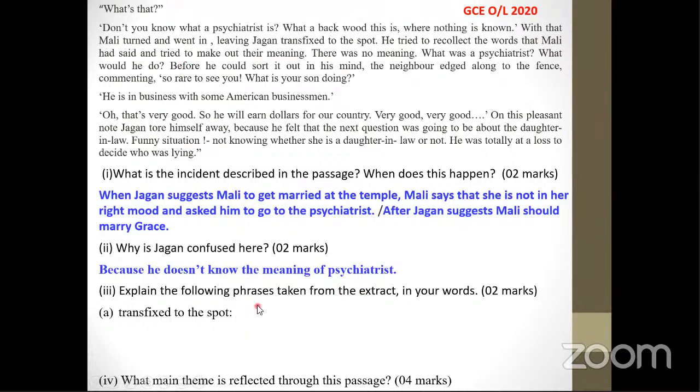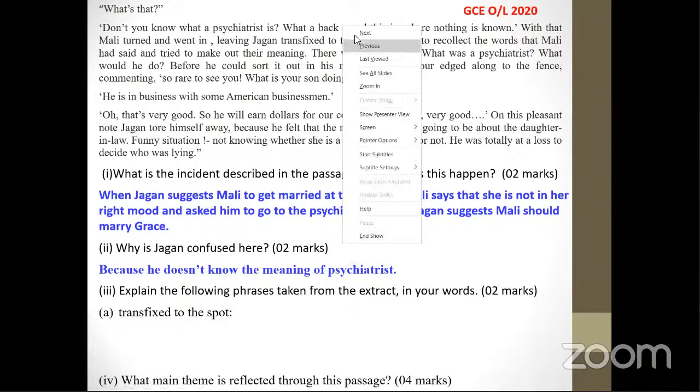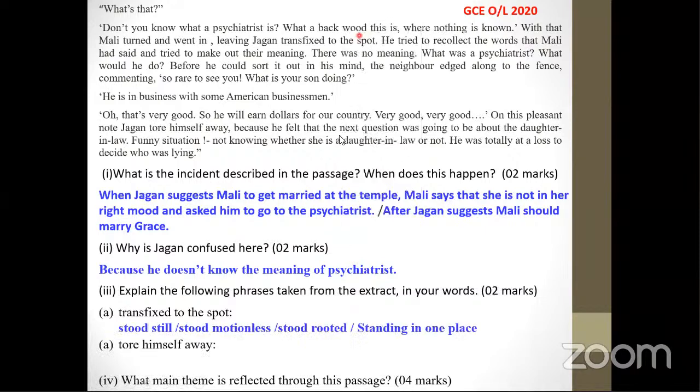So think, read wisely, read in a sound, critical way. You get all the answers. Transfixed to the spot: stood still, stood motionless, stood rooted, standing in one place.